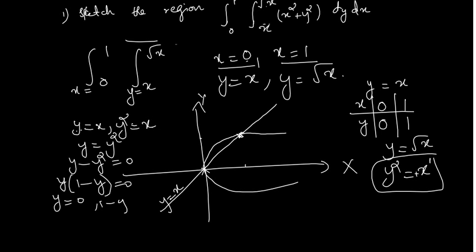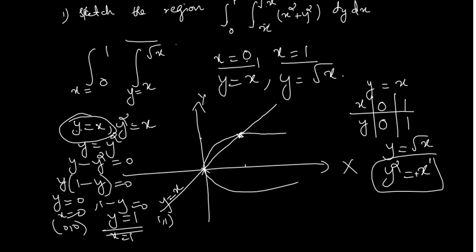If 1 minus y is 0, y will be 1. So if y is 0, the corresponding x coordinate, substituting in y is equal to x, is also 0. So 0, 0 is a point of intersection. If y is equal to 1, x is also 1. So 1, 1 is the intersection. These are the two points of intersection.